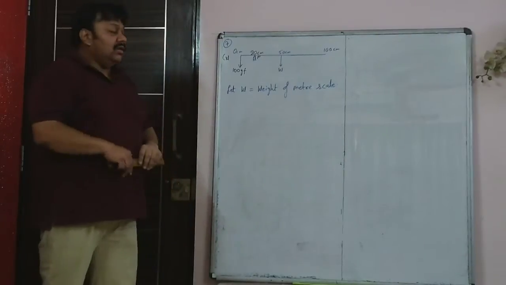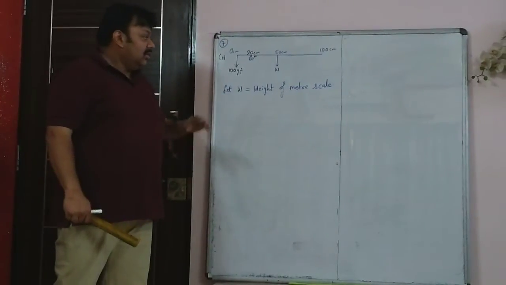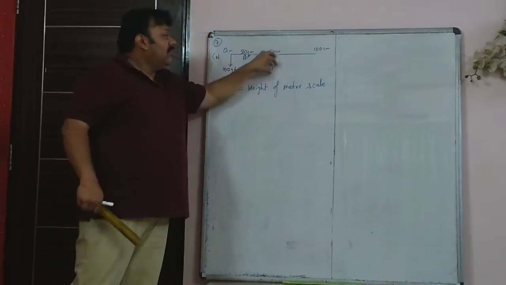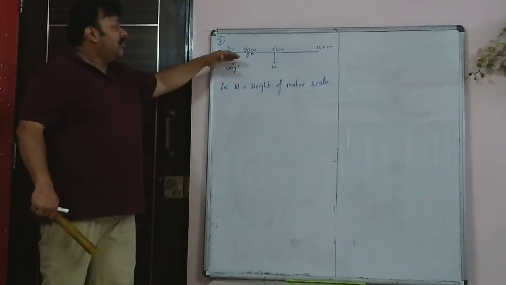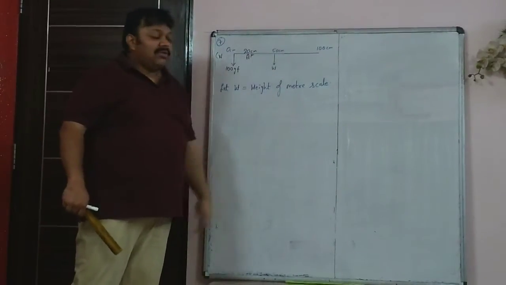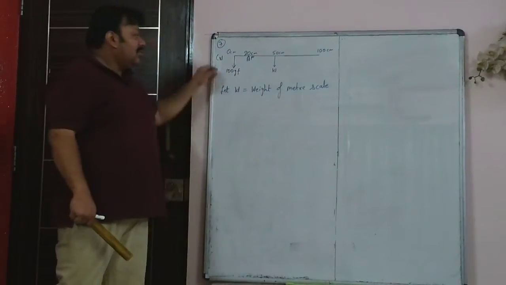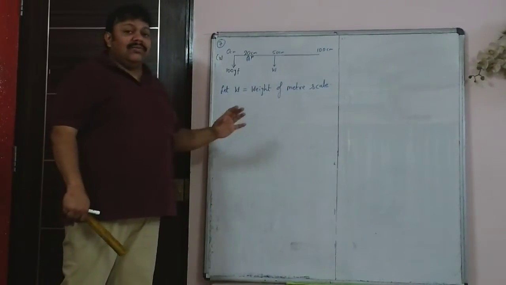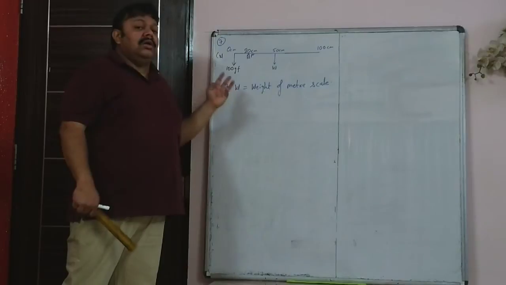You have to think and decide where to hang. You couldn't hang it out there because then both of them would have produced the same moment, that is clockwise, and the rod would have collapsed. That side would have come down, this side would have gone up. So that's how you understand where to put the 100 GF mass.